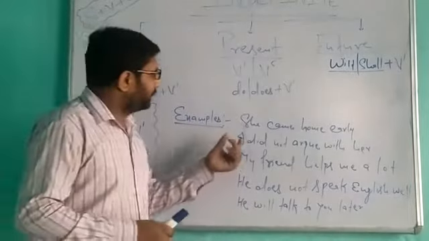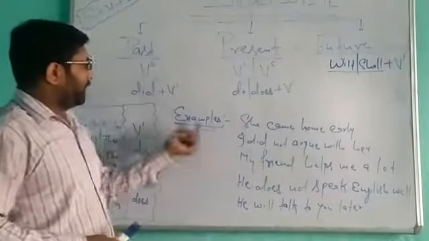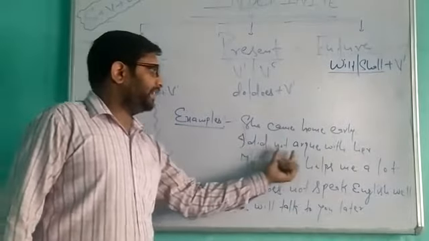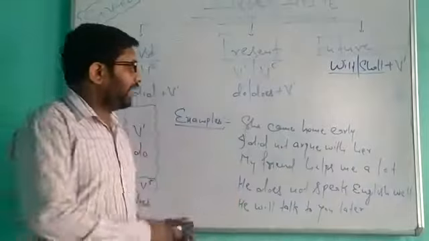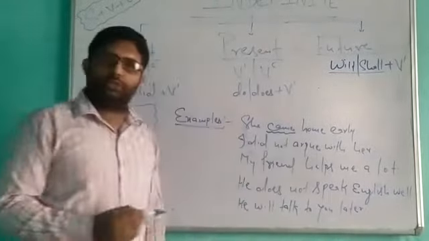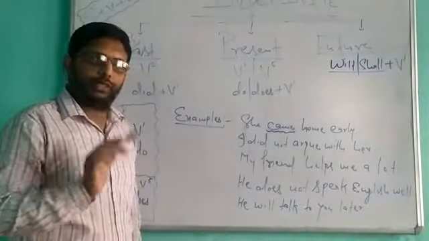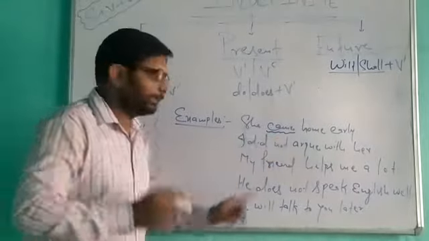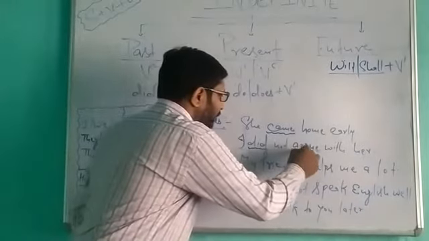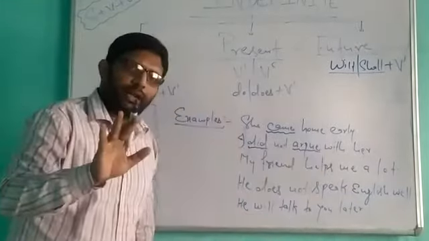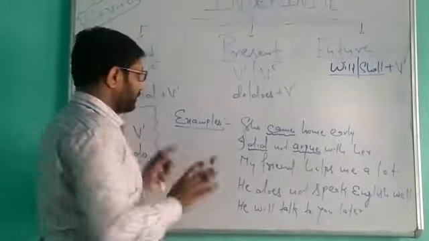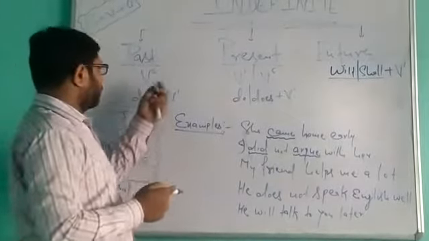For example, I have given the simple past tense sentence, she came home early, and the negative, I did not argue with her. In 'she came home early', came is the V2 form, and this is enough to understand that the sentence belongs to simple past tense. And here did along with V1 is enough to understand that the sentence is in simple past tense or past indefinite tense. So these are the indications.